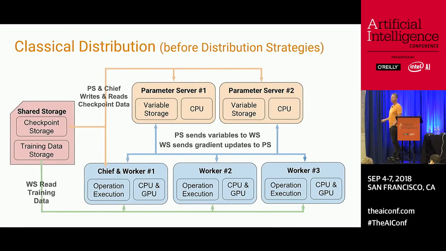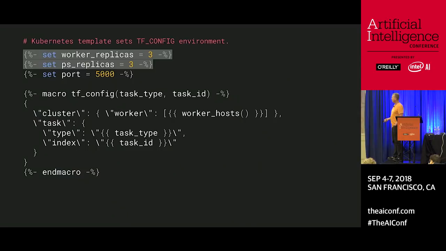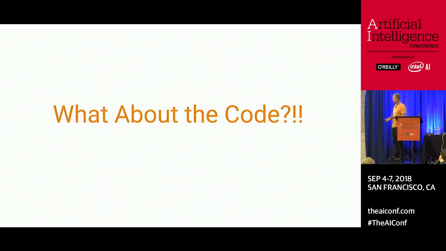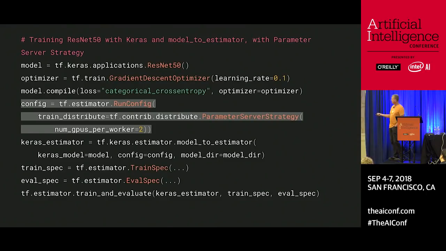So how can we set this up in a distributed strategy cluster? Well, it's really easy. Instead of just specifying the worker replicas in our Jinja file, we also specify the PS_replicas. That's the number of parameter servers that we have in our Kubernetes cluster. All right, so that is the Kubernetes setup. Now what about the code? That's also really easy.